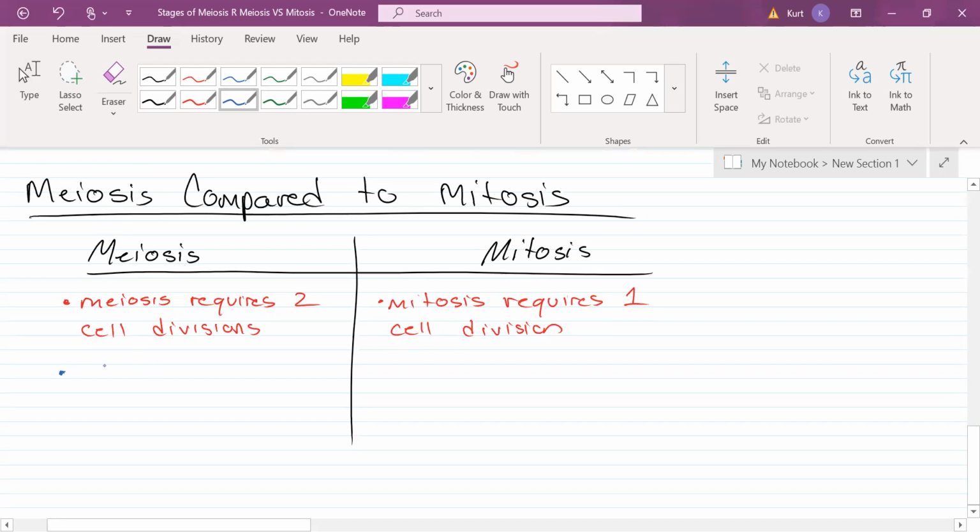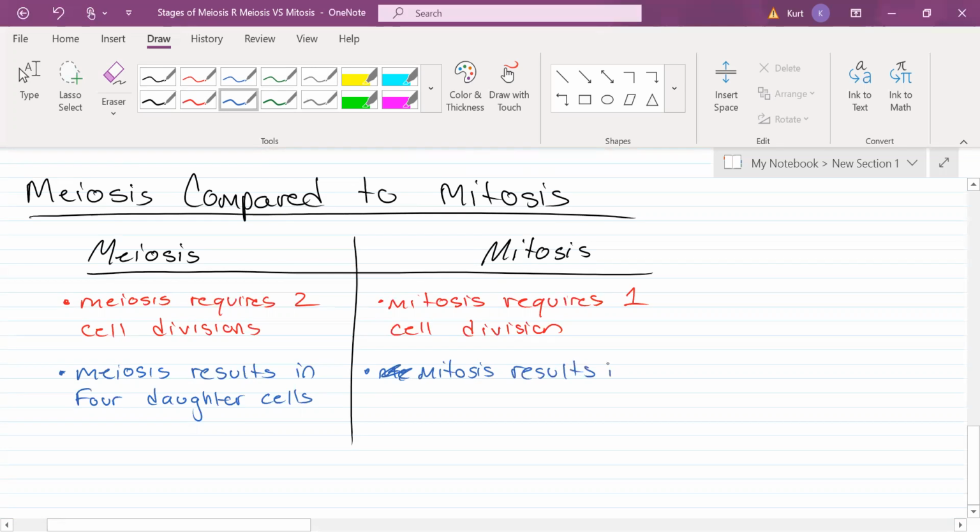Next, meiosis results in 4 daughter cells. In mitosis, mitosis results in 2 daughter cells.